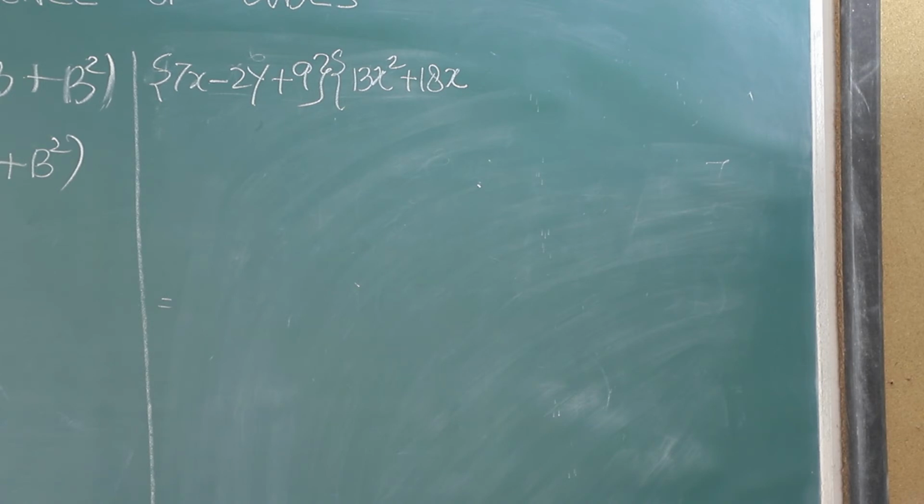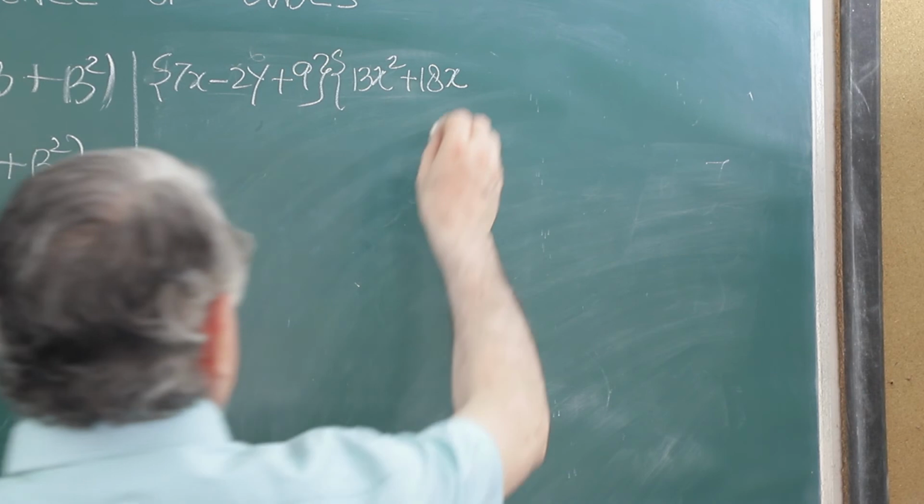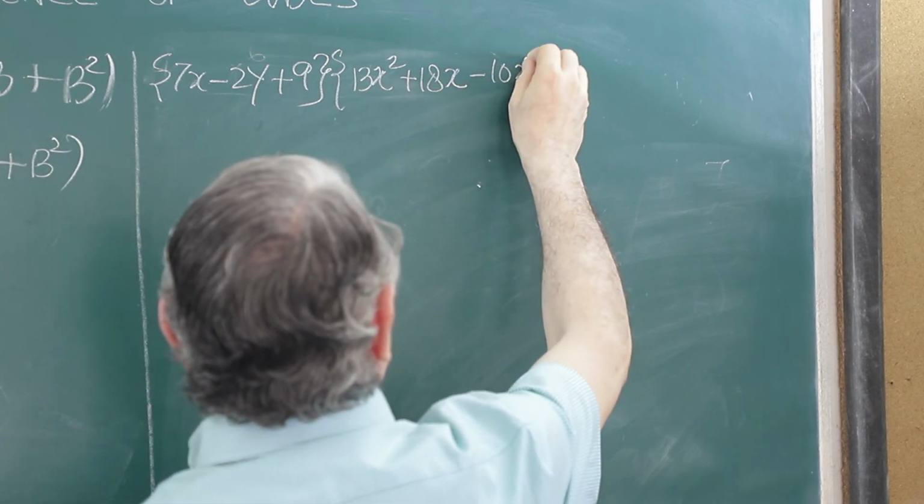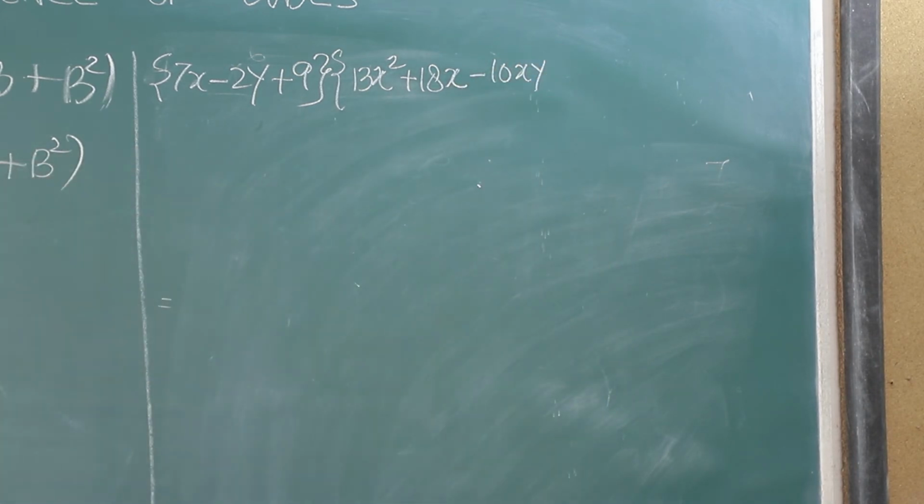Now these terms are gone. Now let us see the xy term. 6xy minus 16xy is minus 10xy. So the 6xy term is gone and the 16xy is gone.